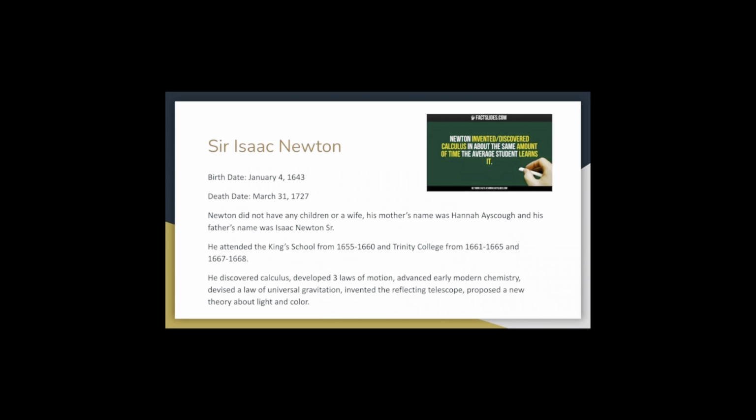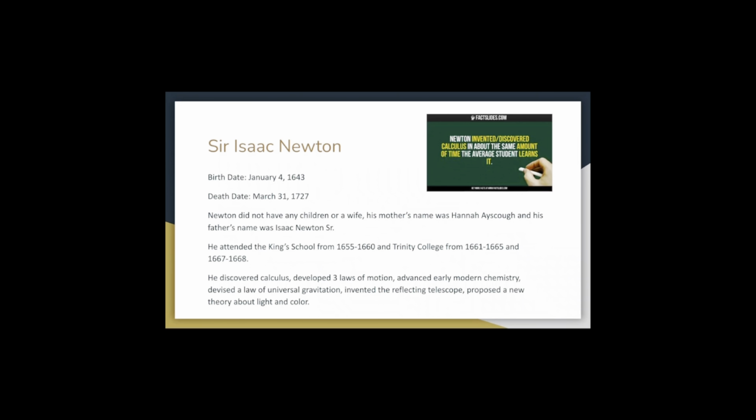Sir Isaac Newton. He was born on January 4th, 1643, and died March 31st, 1727. Newton did not have any children or a wife. His mother's name was Hannah Ayscough, and his father's name was Isaac Newton Sr. He attended the King's School from 1655 through 1660 and Trinity College from 1661 to 1665 and 1667 to 1668.